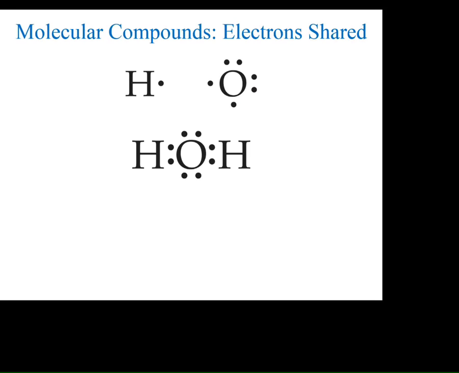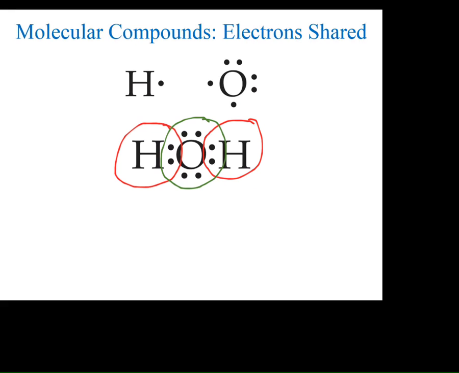Hydrogen has 2 just like helium, and oxygen has its noble gas configuration because it's got 8 around it, just like neon. So they wound up with noble gas configuration. But again, in this case, they're sharing them instead of transferring them.